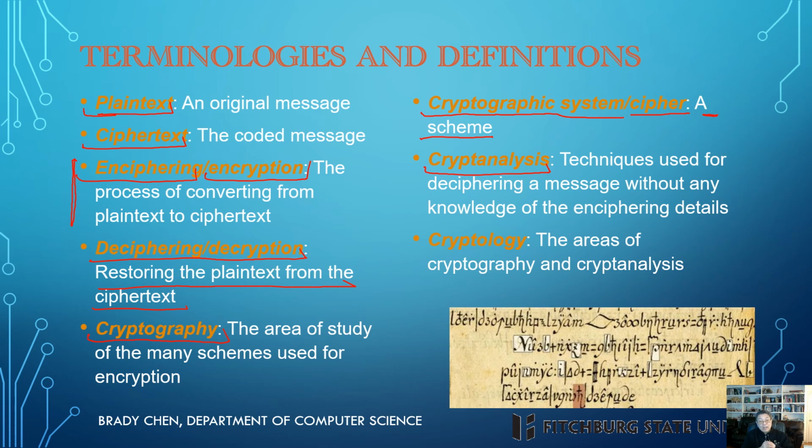Now, cryptanalysis basically uses techniques to break the ciphertext messages without any knowledge of the enciphering details. So typically, it's illegal, or it's the action of attacking a system, attacking the encryption algorithm. Okay. Now, cryptology is the area of cryptography and cryptanalysis combined, and we use one terminology which is called cryptology.